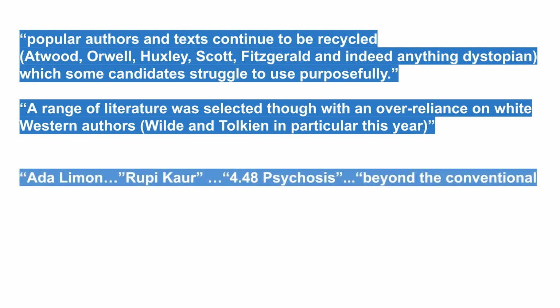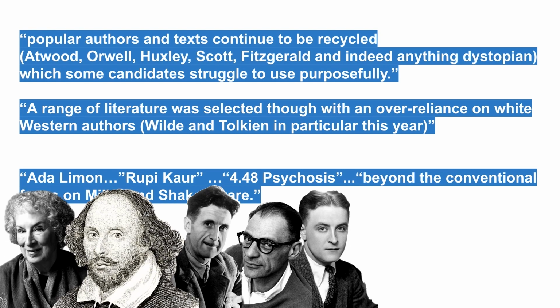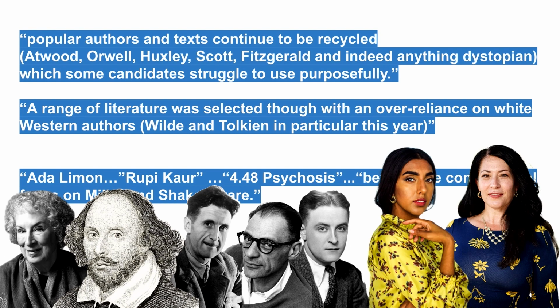They suggest that writers such as Ada Limon, Rupi Kaur, or texts such as 4.48 Psychosis generate strong work and help students move beyond the conventional focus on Miller and Shakespeare. This might suggest that moving away from the more well-known, widely written about white writers may be a good starting point to consider when selecting a text.